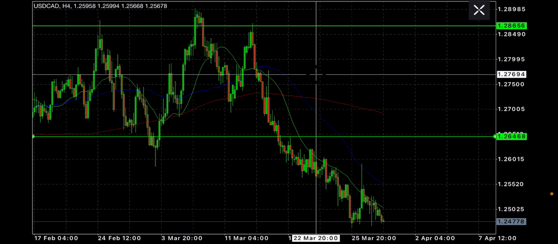The Canadian dollar and oil have a direct correlated relationship with each other. As of, I believe, yesterday, we did get some oil news that came out a little in the gray area. Previously it was about 4 million barrels.